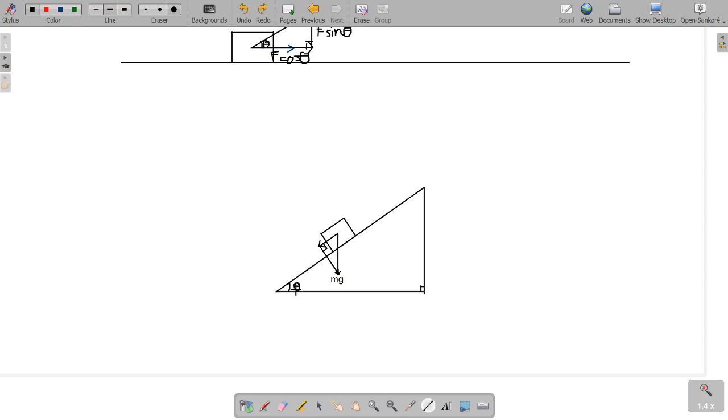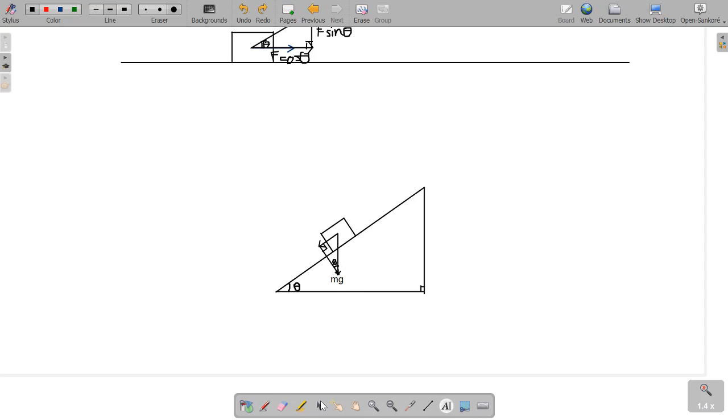This angle is going to be equal to this angle, also theta, because you already know this is 90 degrees. So you put this as theta. Then you use your trigo.